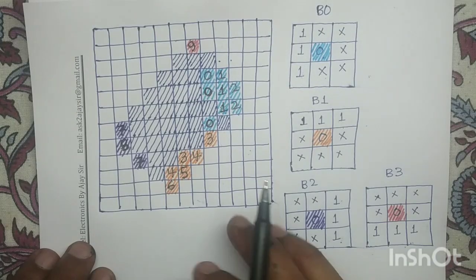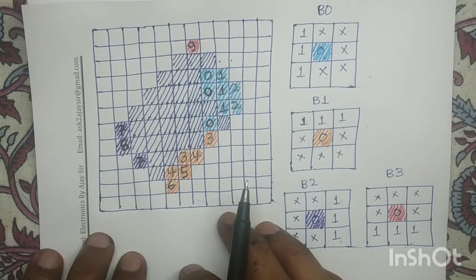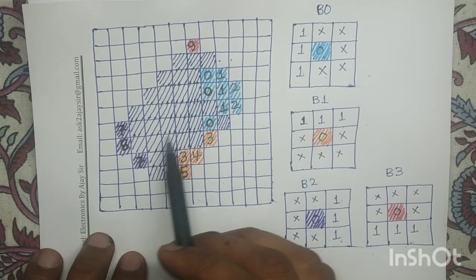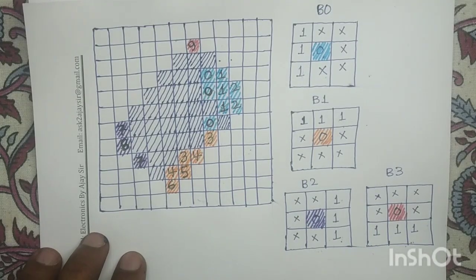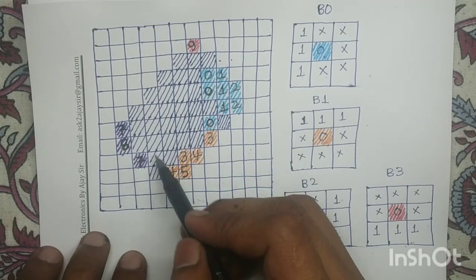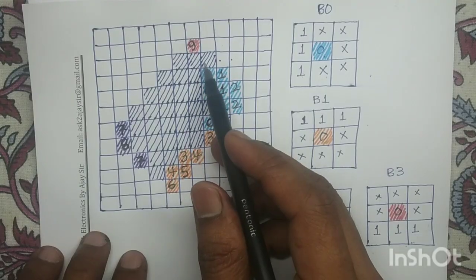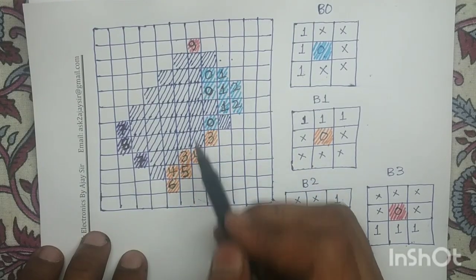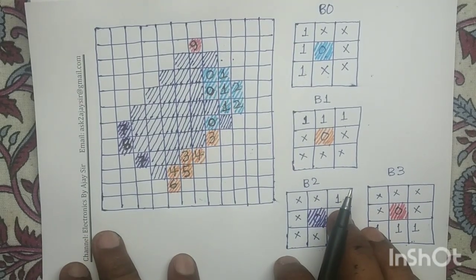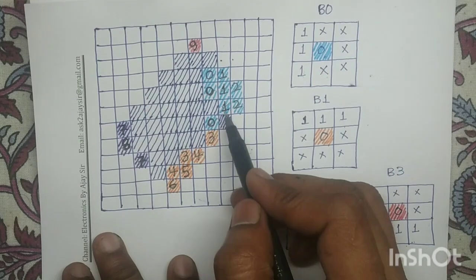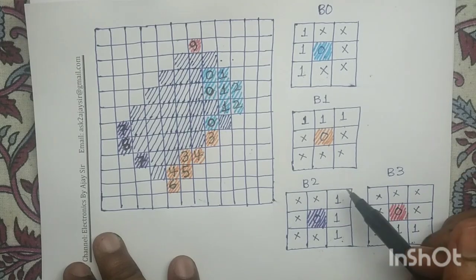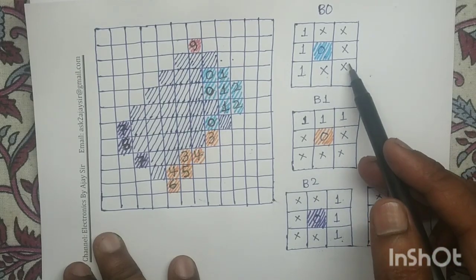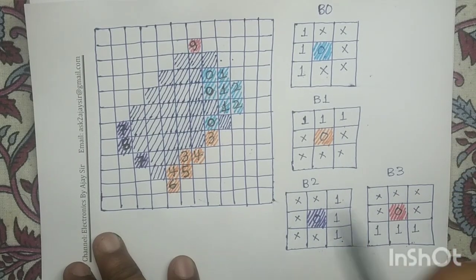So in order to draw the minimal set for this given object set I, this shaded portion which I mark with this pen is my object set, and these color points belong to the result of hit or miss transformation with the structuring elements B0, B1, B2 and B3.